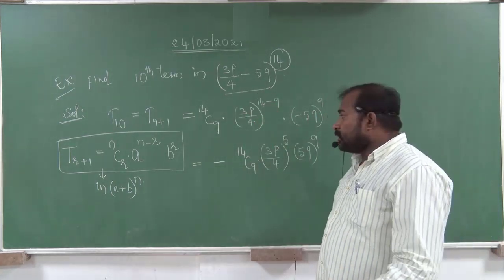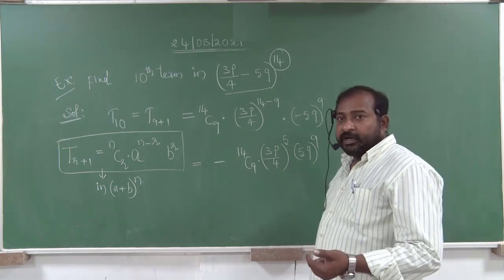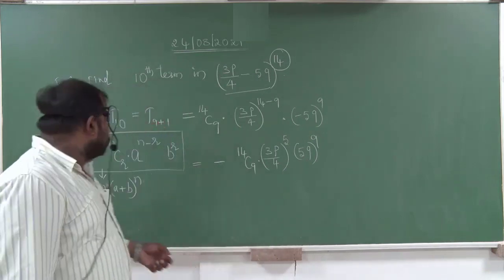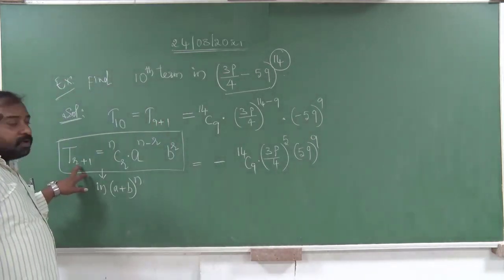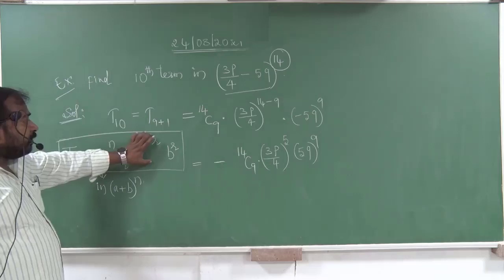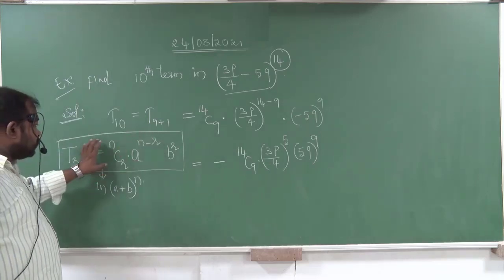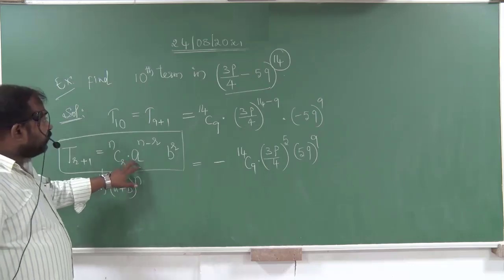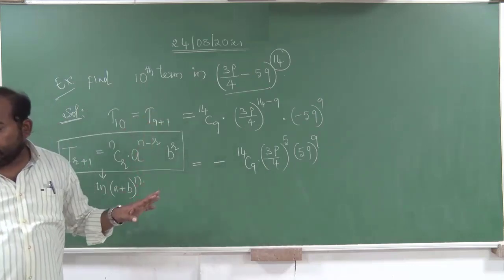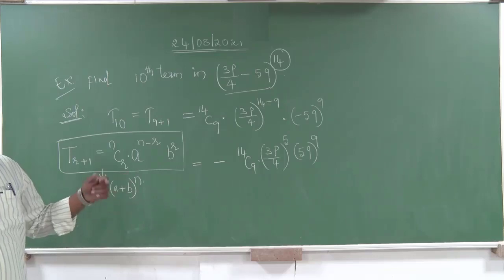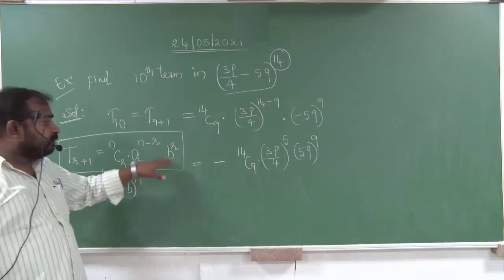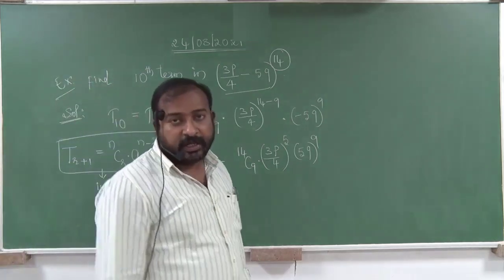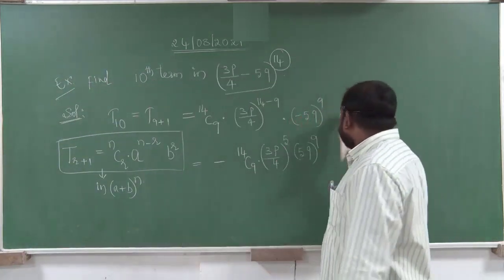So if they ask the 10th term, 11th term, first of all, our aim is to convert that value into the general term formula. By using this formula, what is the n value, what is the r value, instead of a what is the value they given, instead of b what is the value they given, you have to compare with them, simplify, you will get the answer. I hope that this is clear for you. Okay, next.